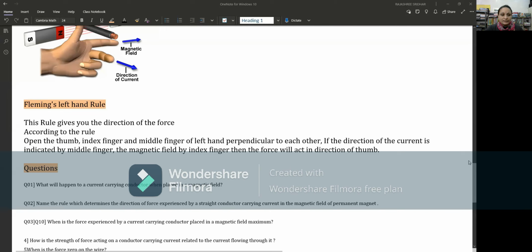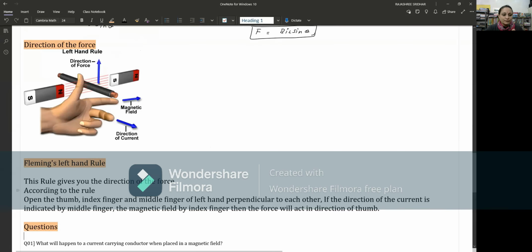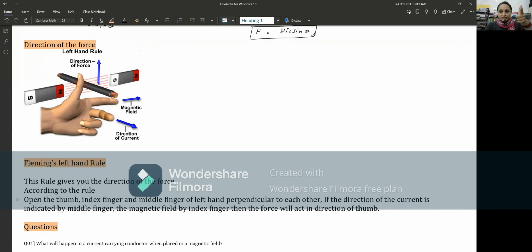It says that if you open the fingers of your left hand in this way, that means the thumb, the index finger and the middle finger perpendicular to each other, then the direction of the current is indicated by the middle finger. The magnetic field will be given by the index finger, and the force on the conductor will be given by the thumb.